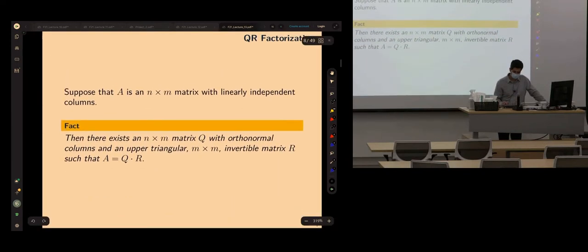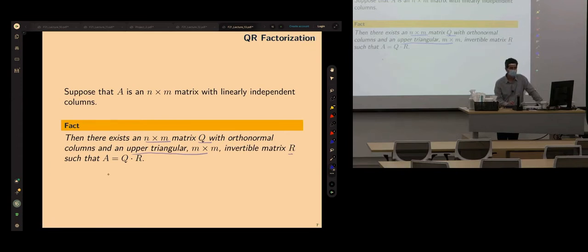Now, it is a fact that we can prove that for this matrix A, there exists a matrix Q, n by m, whose columns are orthogonal, and an upper triangular matrix R, m by m, and you can factorize any such matrix to QR.